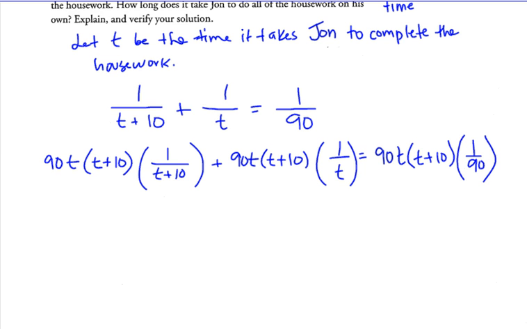Often speed problems, distance equals rate times time, or rate is distance over time, or these job type problems. So t plus 10 cancels. What cancels here? T's and then 90.